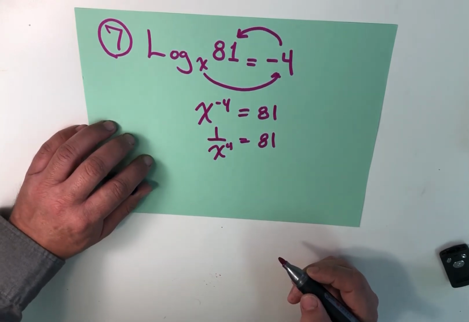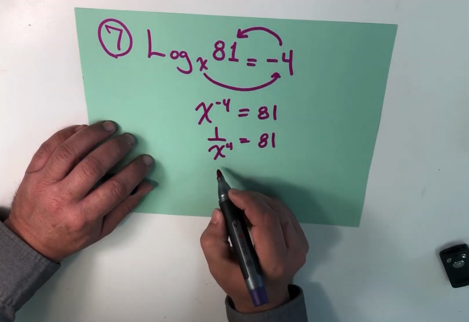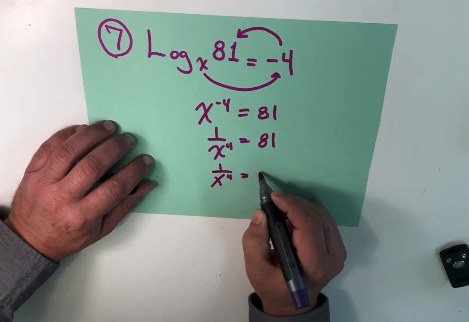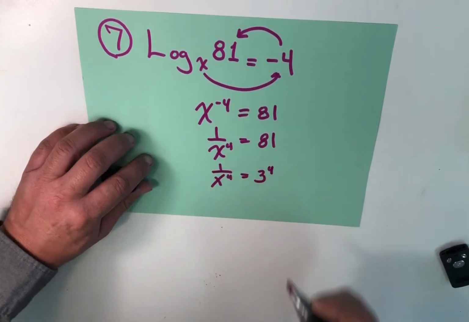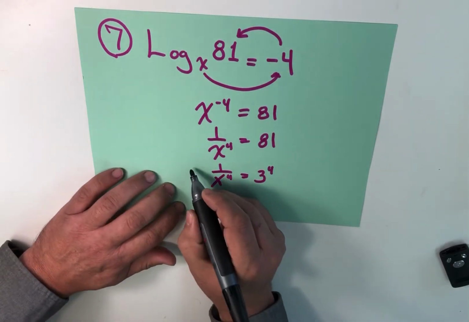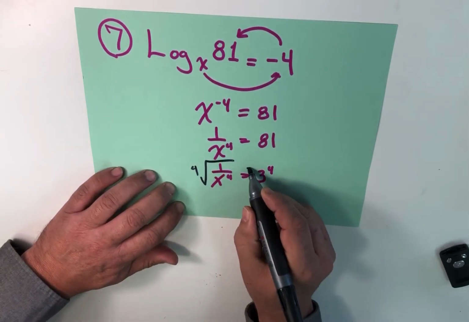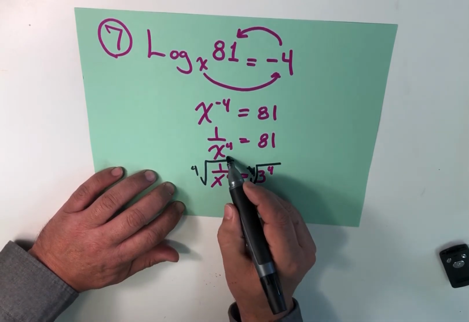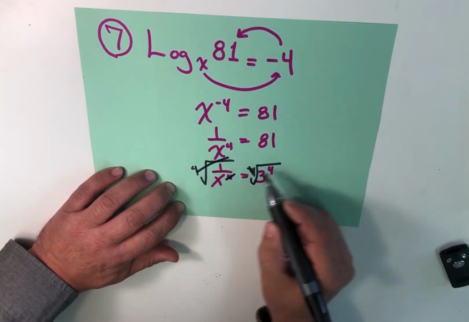So now I need to transform 81, and I will do so by leaving the left-hand side alone and changing this to 3 to the 4th power. Now, you should notice there's a relationship between these: both sides are to the 4th power. So how do we get rid of a 4th power? Well, by its opposite operation, which is the 4th root. And of course, the 4th root and the powers cancel.